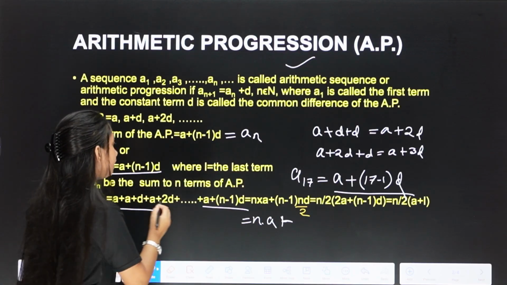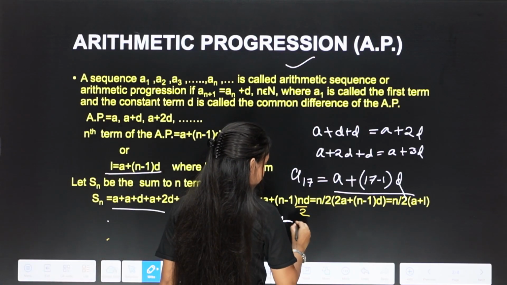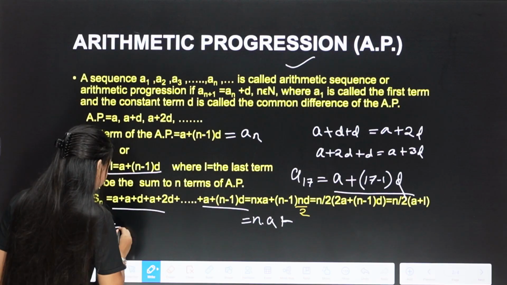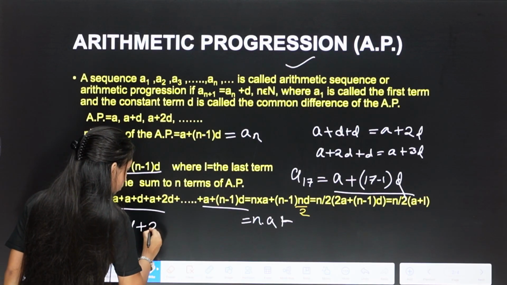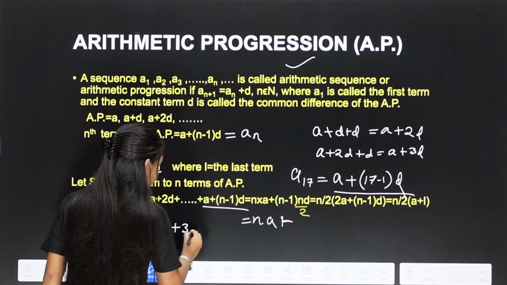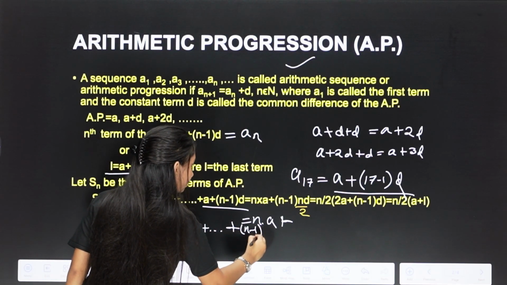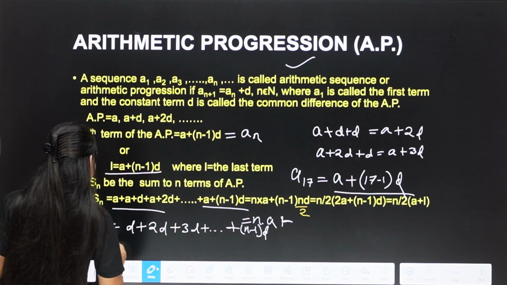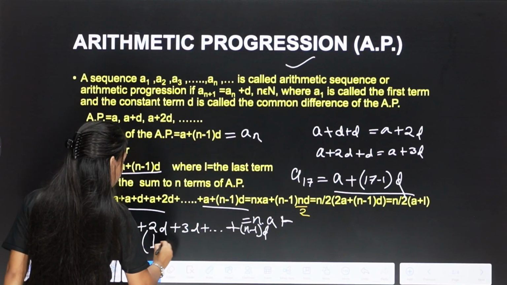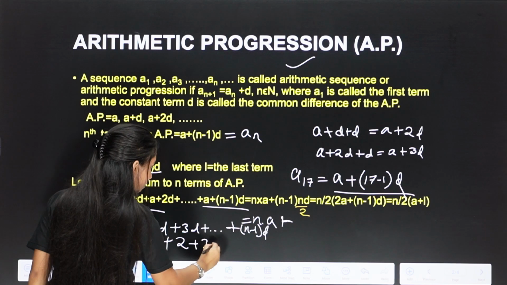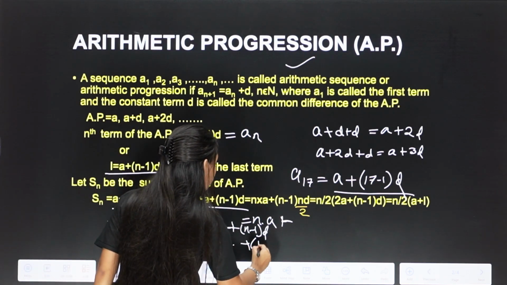So, if we write it, we can write it as D plus 2D plus 3D plus up to n minus 1 D. If we take D common, then we will have 1 plus 2 plus 3 plus up to n minus 1.